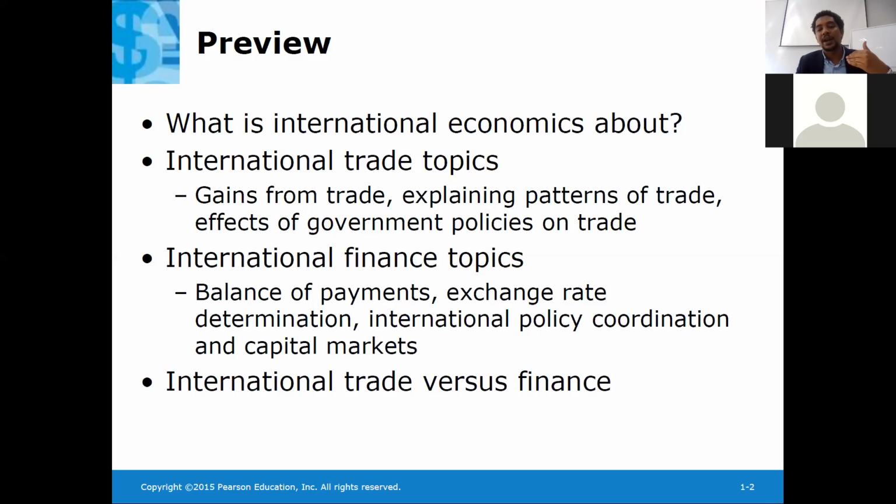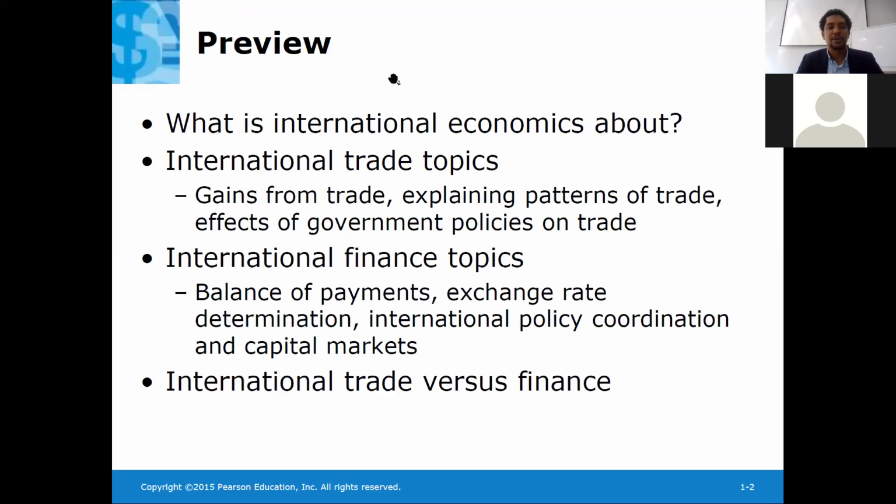We'll talk about balance of payments, exchange rate determination, international policy coordination, and capital markets. So these are the 4 topics in international finance that we'll talk about in this chapter, and the 3 are international trade topics. Okay, so in total, we have these 7 themes that reoccur in international economics or international trade.